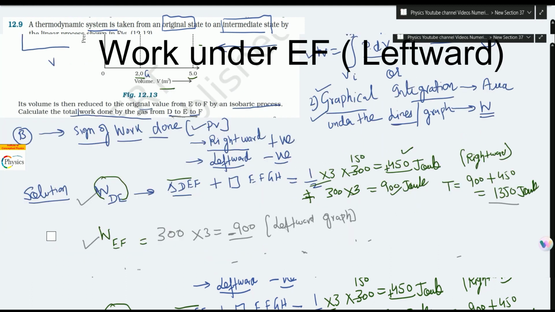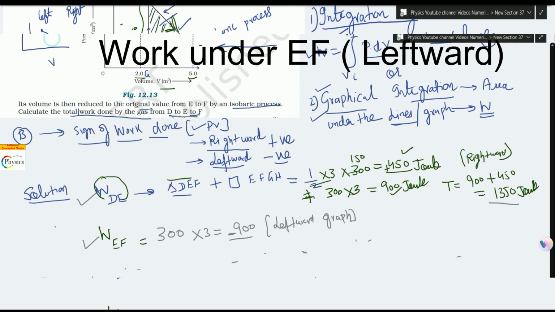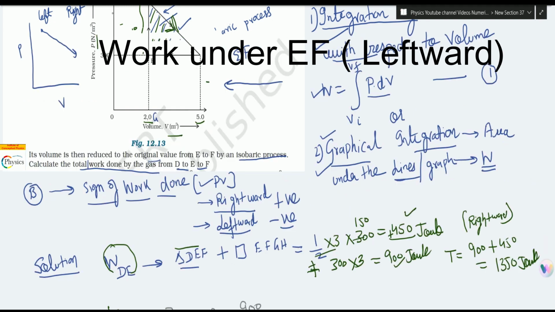Leftward works are negative. So let's calculate the value. E to F: 300 multiplied by 3 is equal to 900. What is the sign I'm going to give it? Negative, because this is a leftward graph.